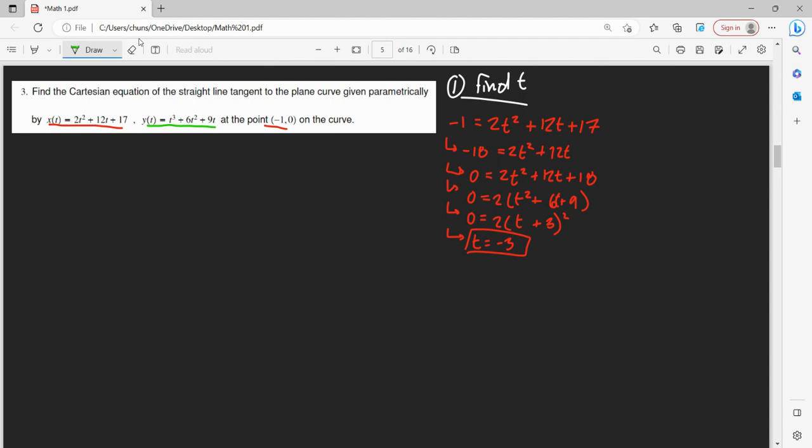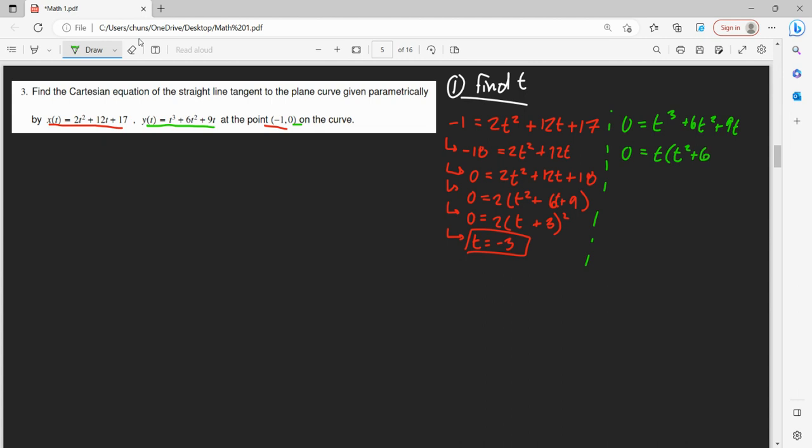Let's do the same with y. Equate it to 0. So that gives us 0 equals t cubed plus 6t squared plus 9t. All right, let's factor out that t. So this one's going to have 2 solutions, or even maybe 3.